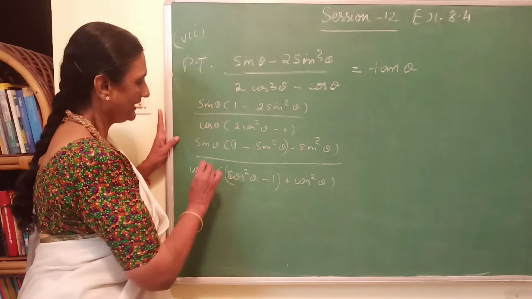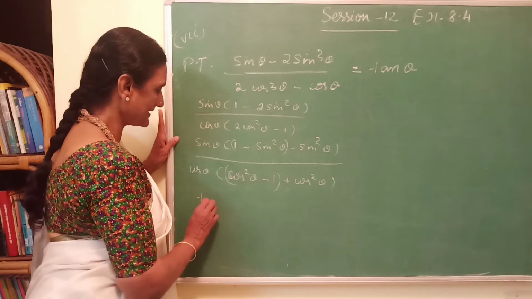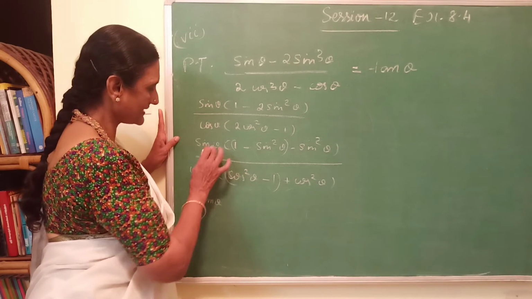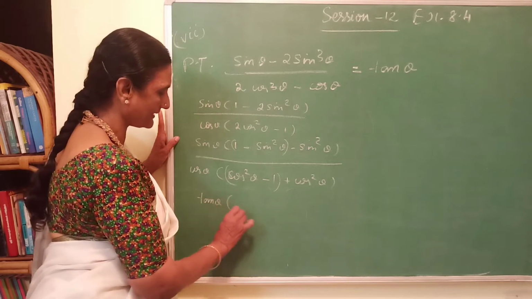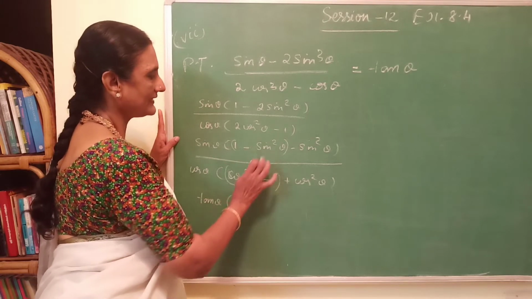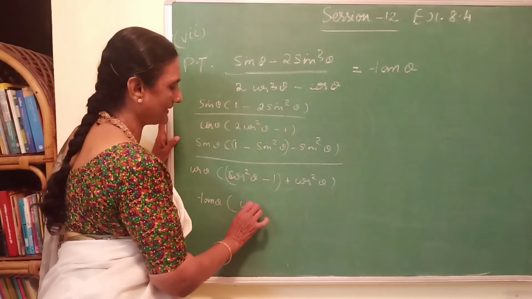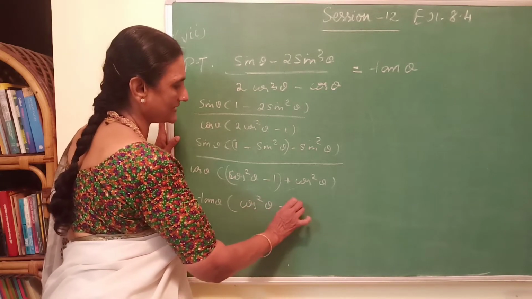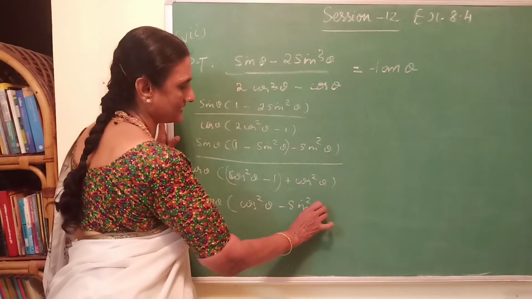Now we can write this as tan theta, because sin theta by cos theta is simply tan theta, and this 1 minus sin square can be written as cos square theta minus sin square theta.